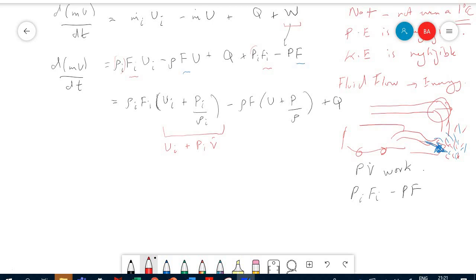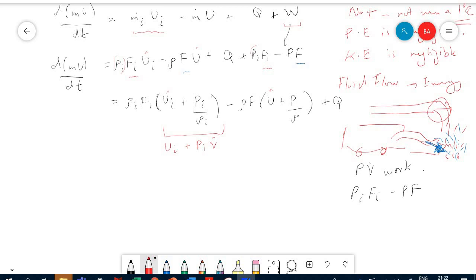And by the way, all the terms that we have here are per mass. This is per mass and so on, per mass. And why I'm saying that these are per mass: if you look at the units, this is like kilogram per second, and this is like energy per kilogram.